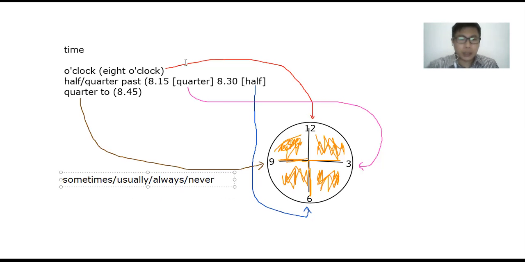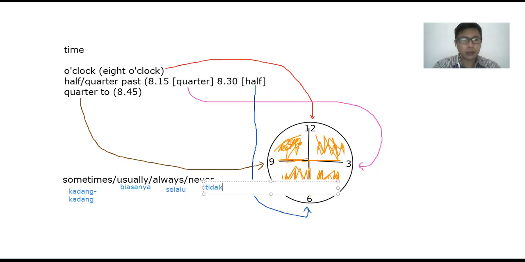Here, let me write the bahasa then, maybe in a smaller font. Sometimes in bahasa means kadang-kadang. Usually in bahasa means biasanya. Always means selalu. And never means tidak pernah.